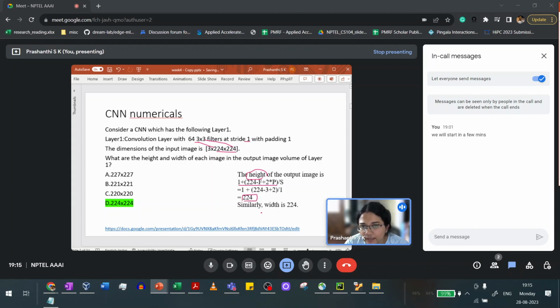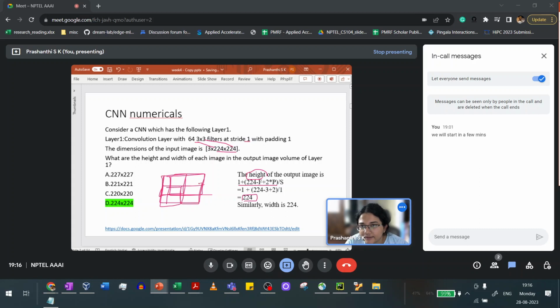Now you might be wondering how do you derive this from first principles, right? So you can actually try and do this. Think of a very simple image, maybe something like 3 cross 3. And now consider a filter that's 2 cross 2, right? So the filter starts here and then it moves one step and then it moves to the next row and then it moves to the next row, right?